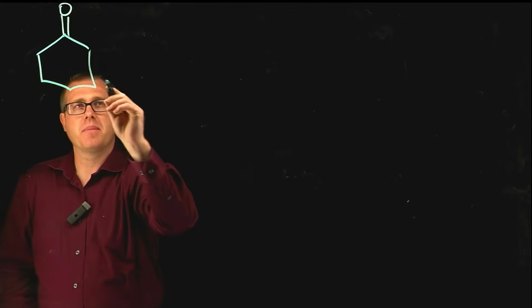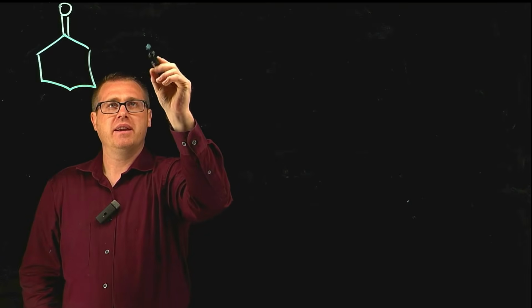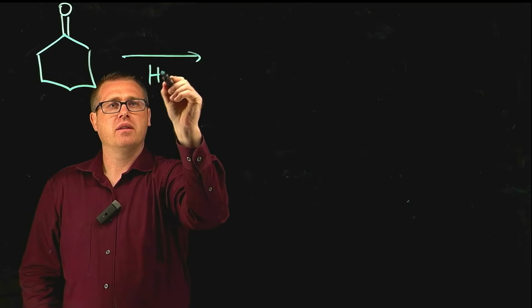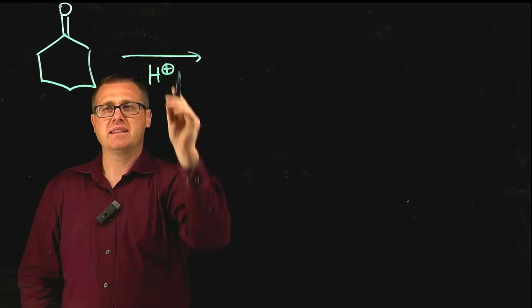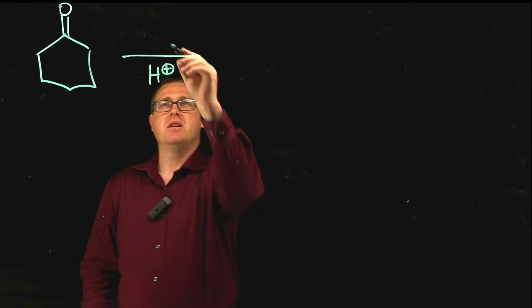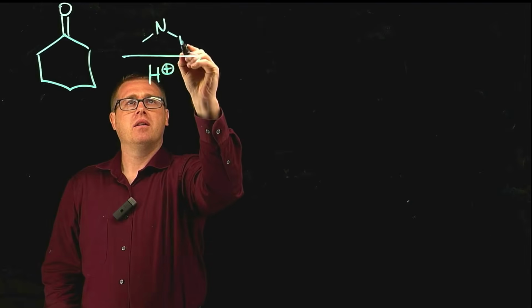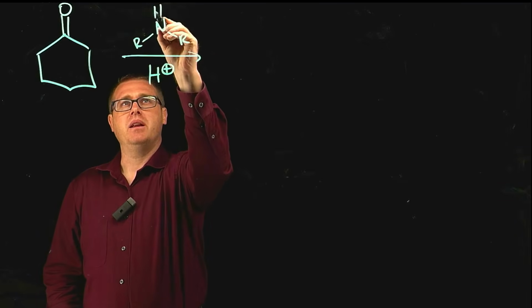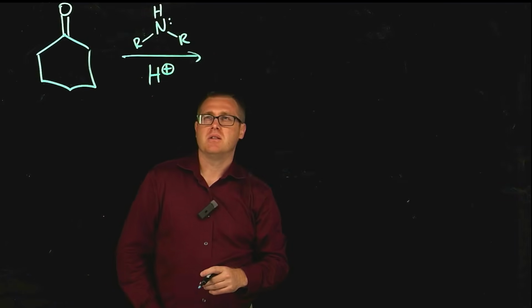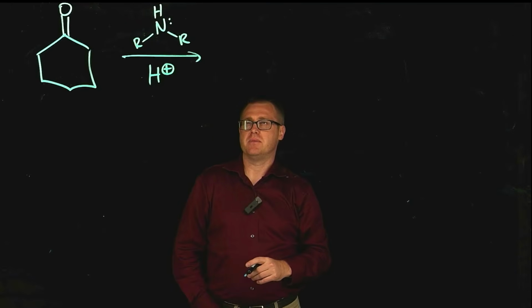Now let's take a look at if you have a ketone or an aldehyde, and now you treat it with an acid catalyst, but instead of a primary amine, you do a secondary amine. What would we get?